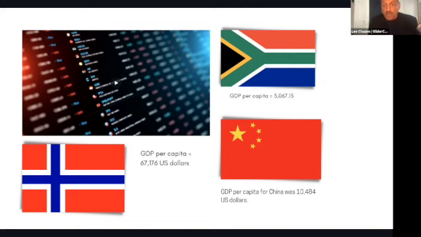It seems low, but they have greater purchasing power with prices being low and maybe subsidized by the government. And then we got South Africa, which surprised me is only 5,067.